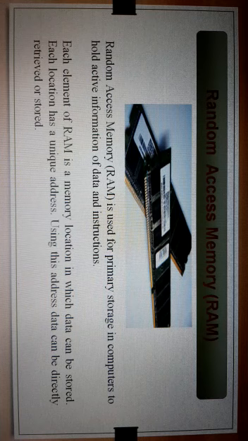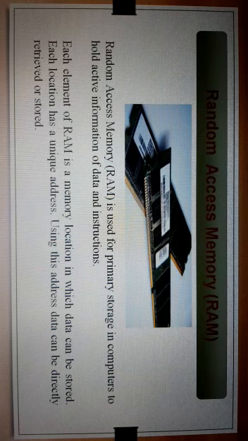Each element of RAM is a memory location in which data can be stored. Each location has a unique address, and using this address, data can be directly retrieved or stored. It means RAM is just like a storage shelf, and each shelf contains information in the sense of data and instructions.